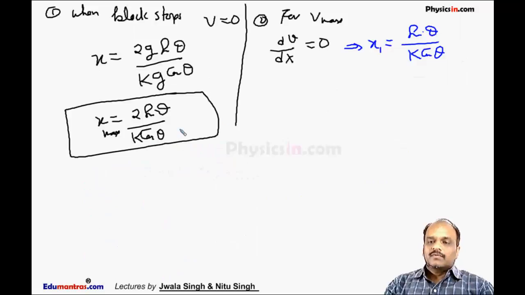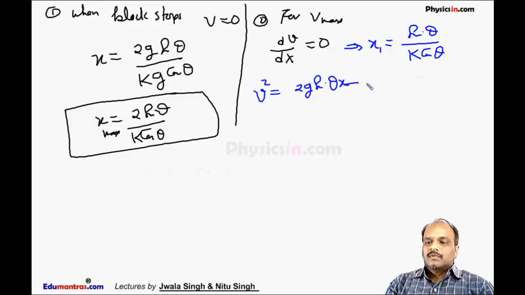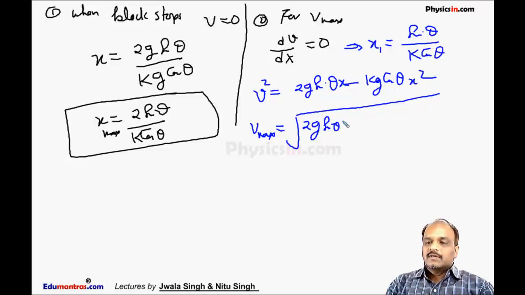Now if I substitute the value of v, we know v square is equal to 2g sin theta x minus kg cos theta into x square. So Vmax is equal to root over 2g sin theta x1 minus kg cos theta into x1 square, where at that instant x1 is sin theta by k cos theta.